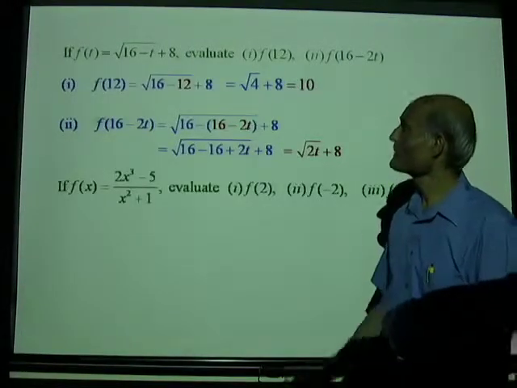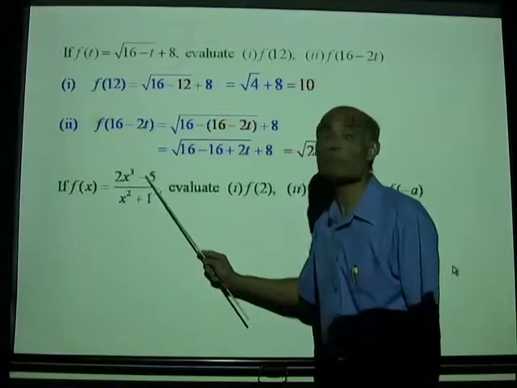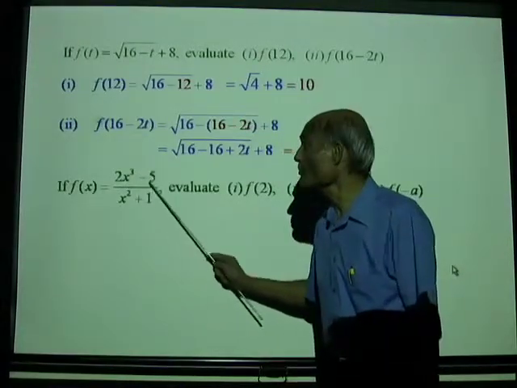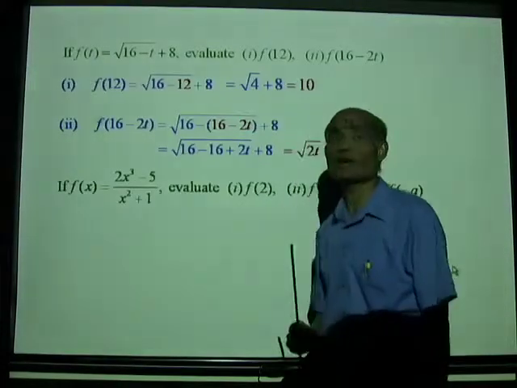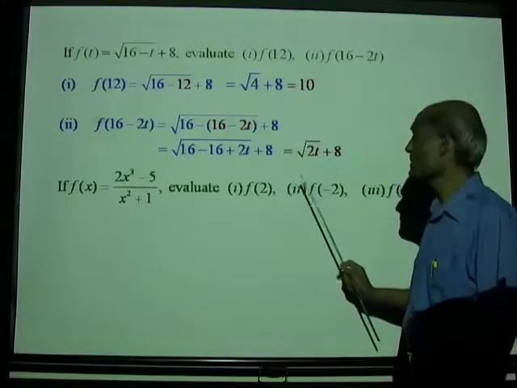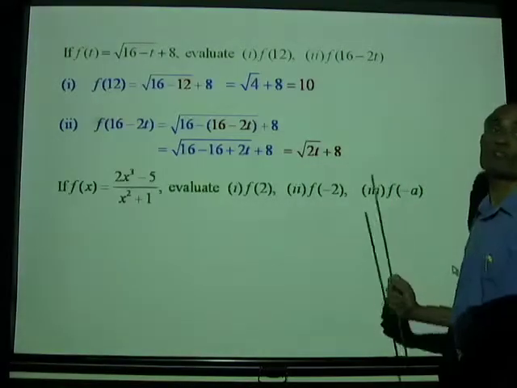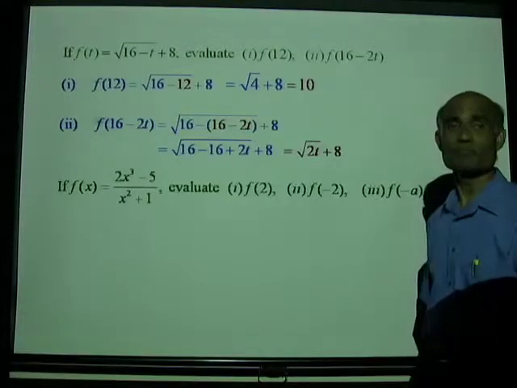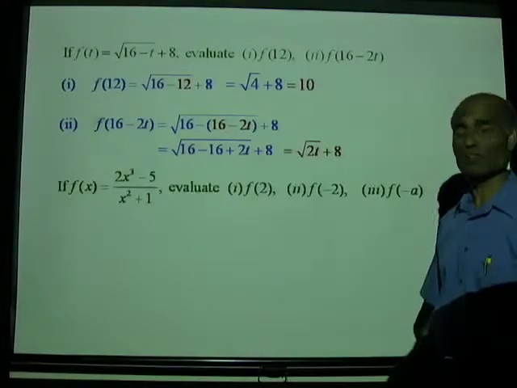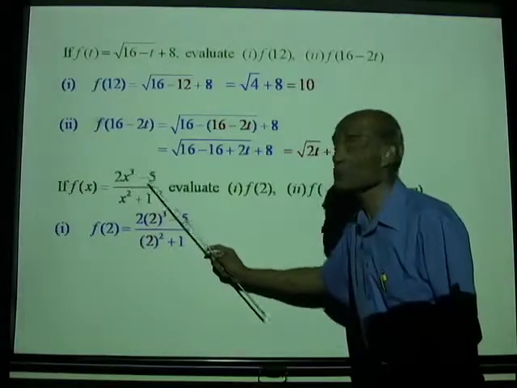Another one. If f of x equal to 2x cubed minus 5 over x squared plus 1, find the value of f of 2, f of negative 2, and f of negative a. Again, that's not difficult. F of 2, replace your x by 2.